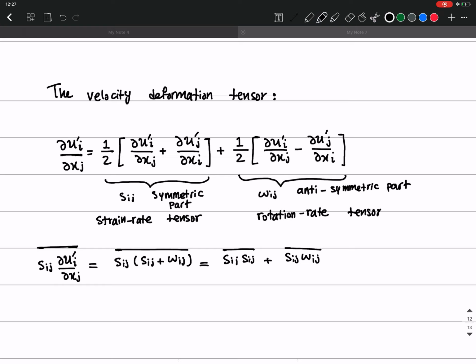And now we know that this term is going to be 0 because of the double contraction.